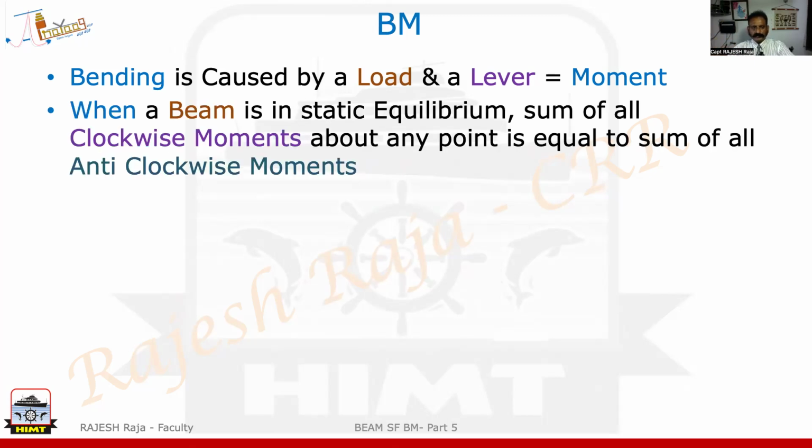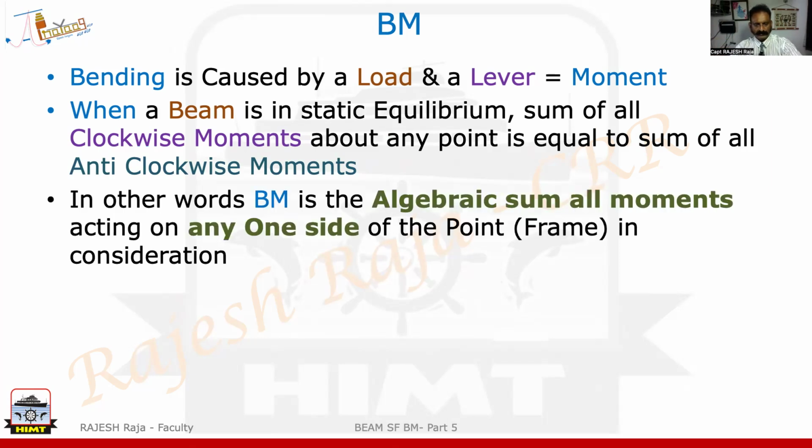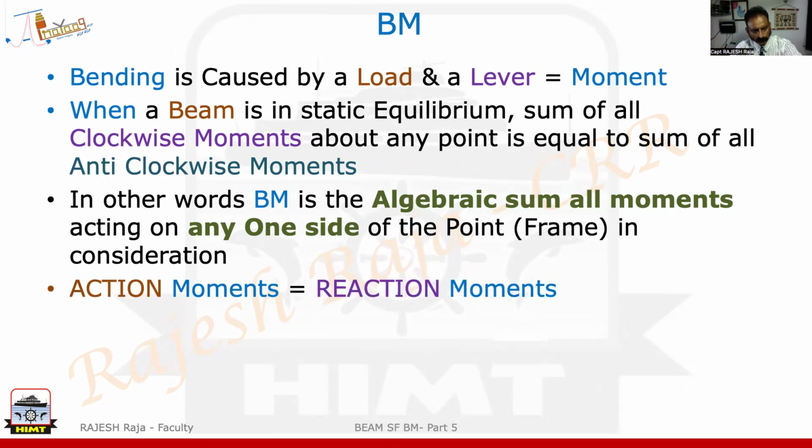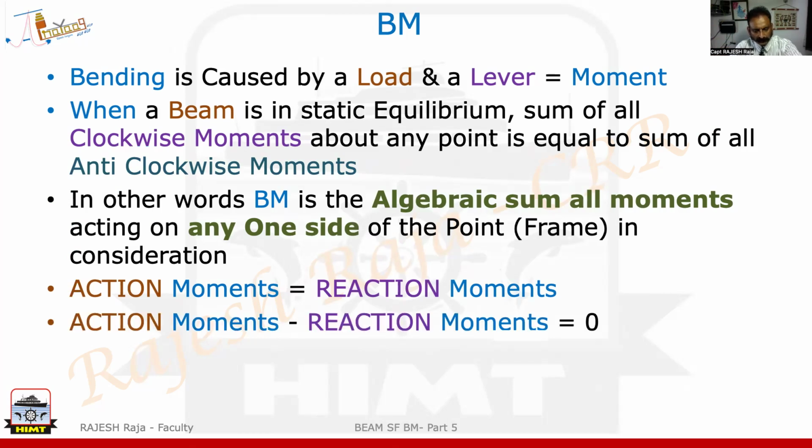And again, this is a repeat: when you have to be in equilibrium, all your clockwise and anti-clockwise moments should be the same so that they can cancel each other. Here again, I can do bending moment from the left side or the right side. I can do both sides. As long as you have this equation satisfied, I think all your problems will be correct.